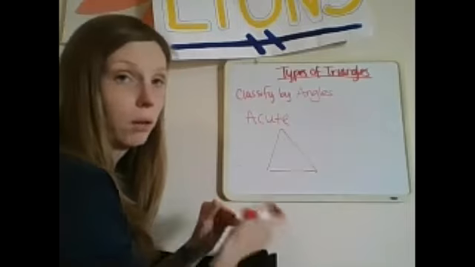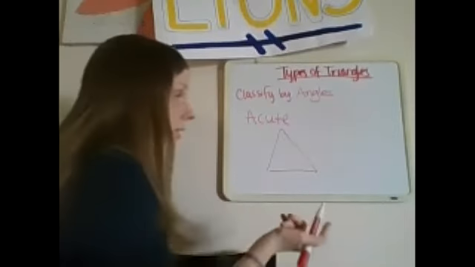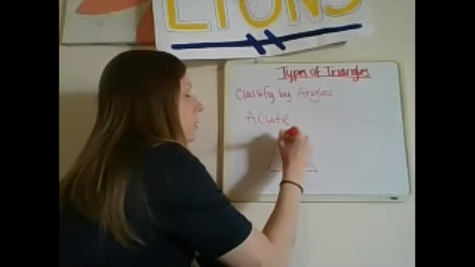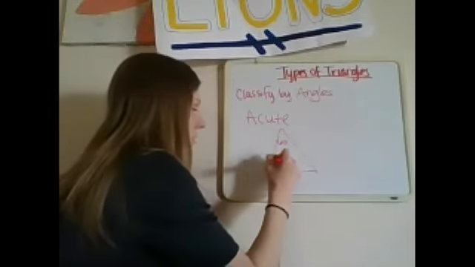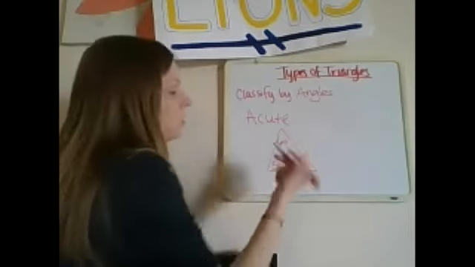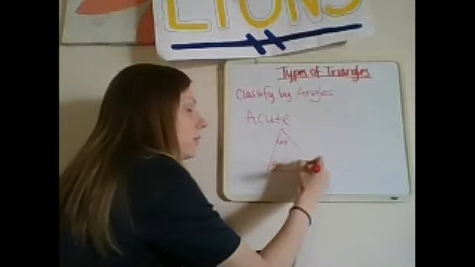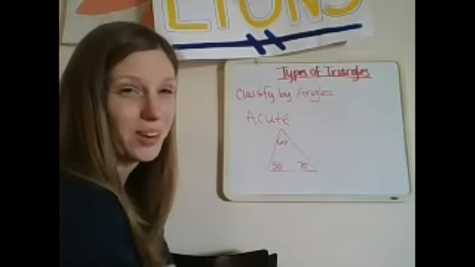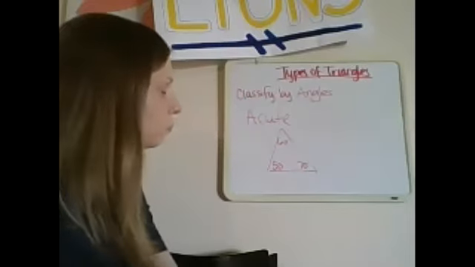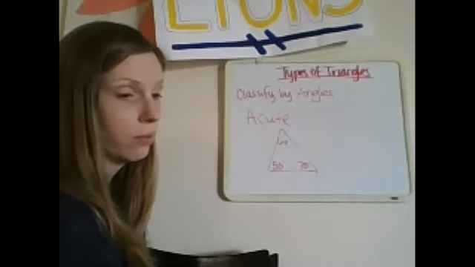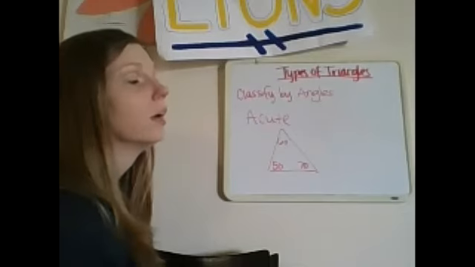So an acute triangle has all angles that are smaller than 90 degrees. So for instance, we could have a 60 degree, 50 degrees, those two together is what, 110? So this one over here would be 70 degrees to get us to our 180 triangle mark. All three of those angles are less than 90 degrees, so therefore this is an acute triangle.